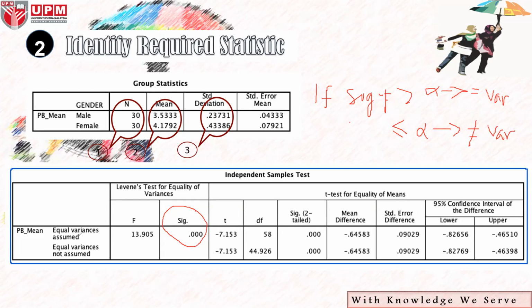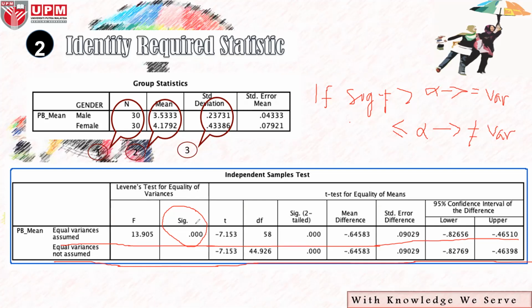Okay. So now because we have two options, first, equal variance assumed, equal variance not assumed. Equal variance assumed means that the variance is homogeneous. Equal variance not assumed means that our data is not homogeneous.